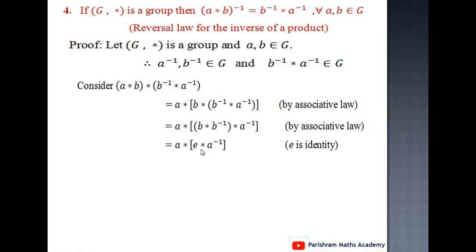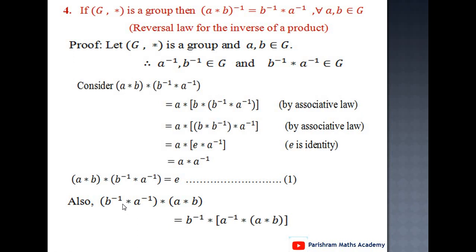Now E is the identity element, therefore E star A inverse is simply A inverse, and therefore we get A star A inverse. Again A star A inverse equals the identity element, and therefore A star B star (B inverse star A inverse) equals the identity element.